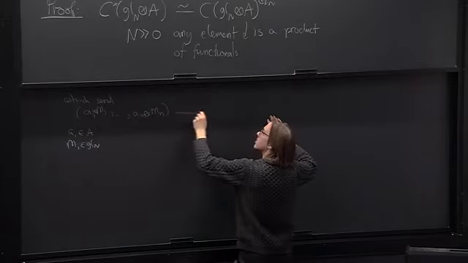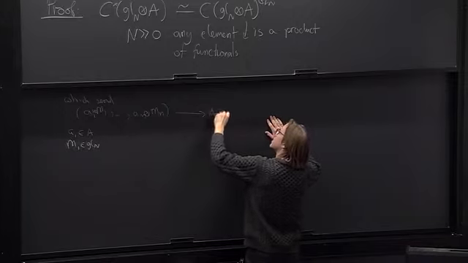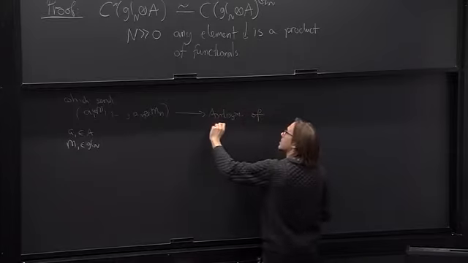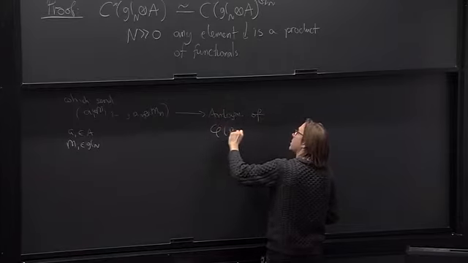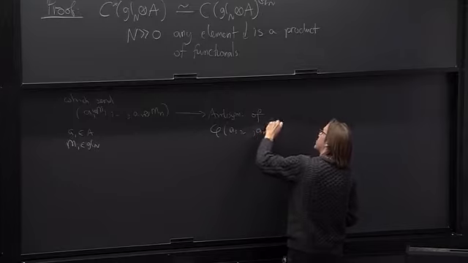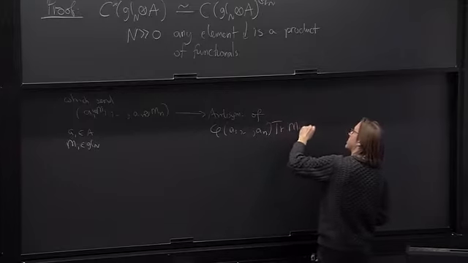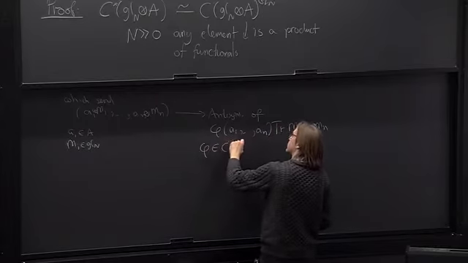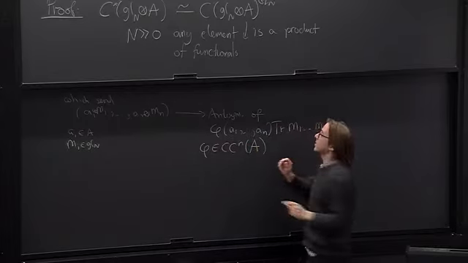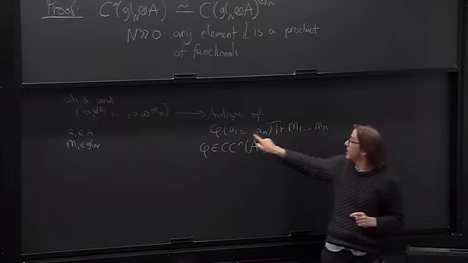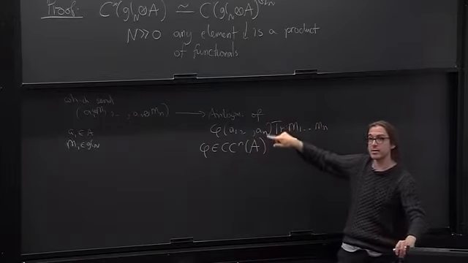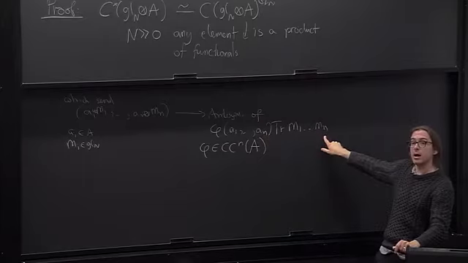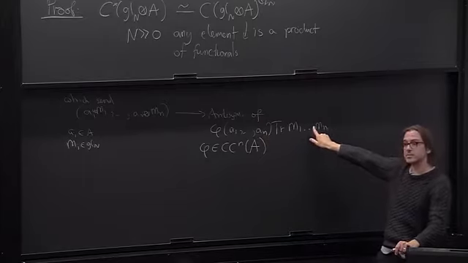So I send that to the antisymmetrization of phi(a1, ..., an) times trace(m1 ... mn). Phi is a cyclic cochain, so phi is something which takes n elements of A and gives you a number that's cyclically invariant. And then I'm going to pair that with just the trace on these matrices.